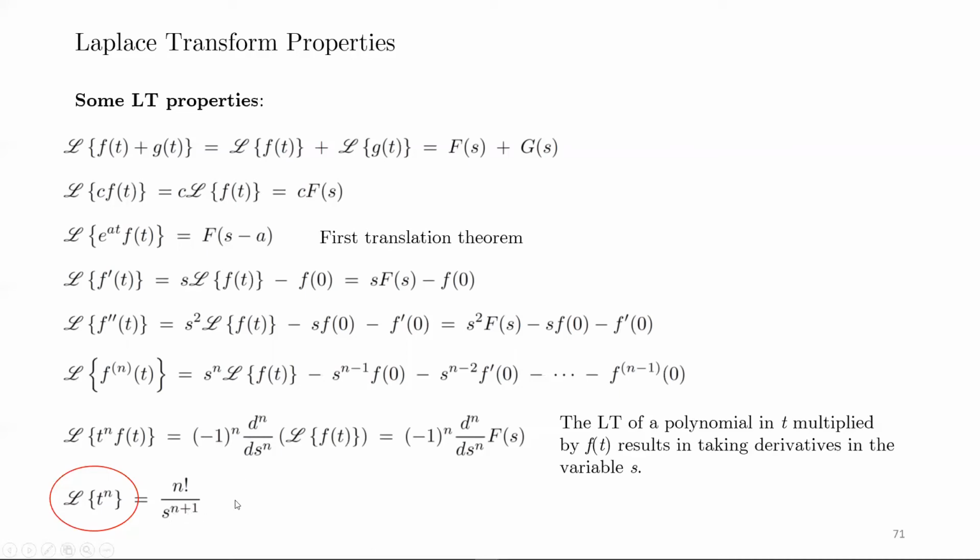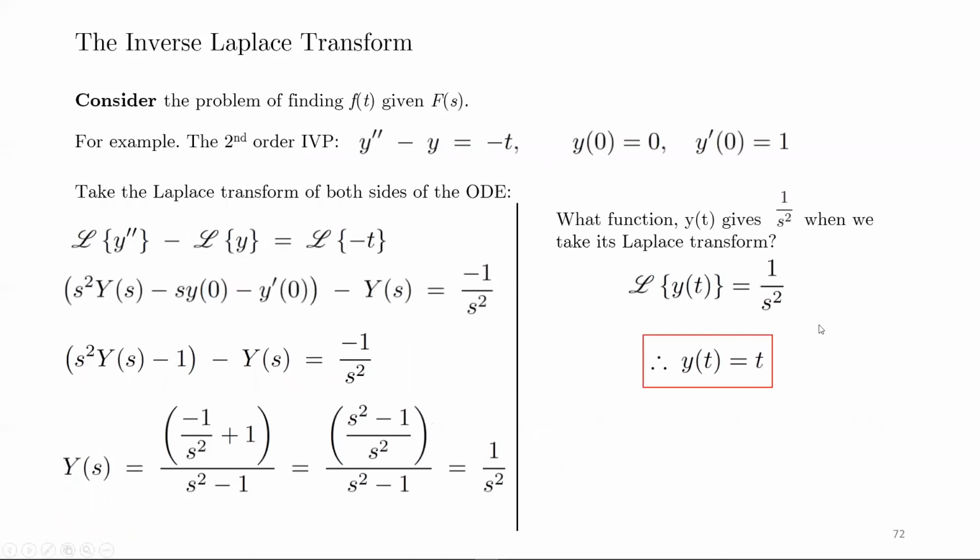So if n equals 1 here, the Laplace transform of t is equal to 1 over s squared. Therefore, the solution to our initial value problem is a really simple one. y of t is just simply equal to t.